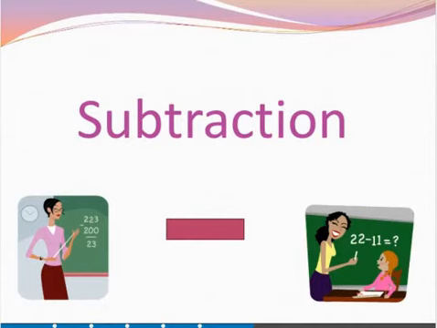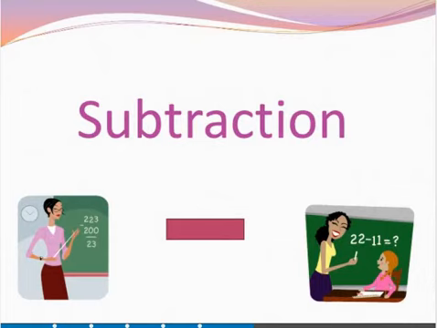It doesn't work with subtraction. The commutative property is not a property of subtraction. It's only a property of addition. So order in subtraction is very important.